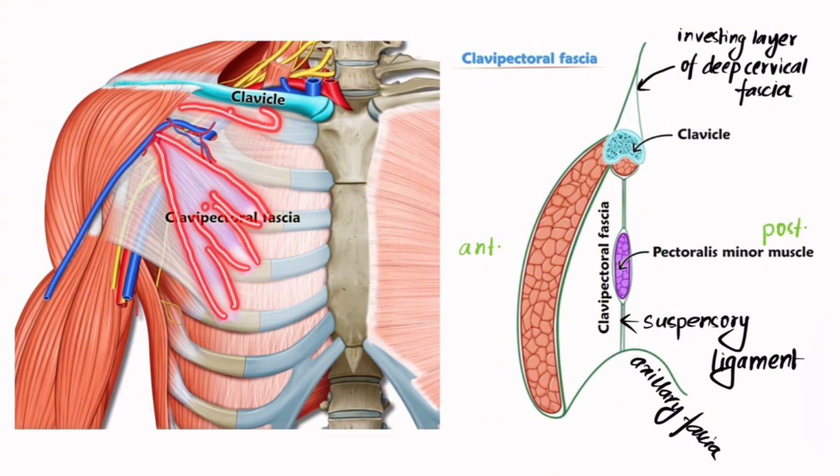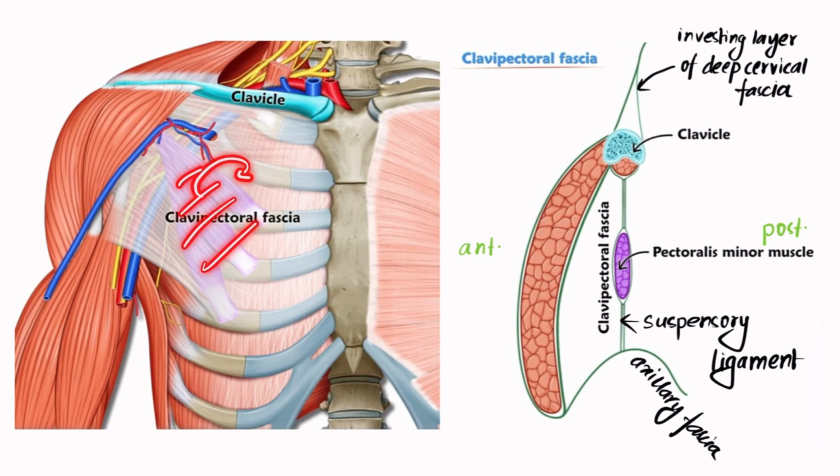Both these muscles are completely wrapped by clavipectoral fascia from both sides, that is from front as well as from back. The clavipectoral fascia starts from the clavicle at top and extends till the axillary fascia at the inferior portion.